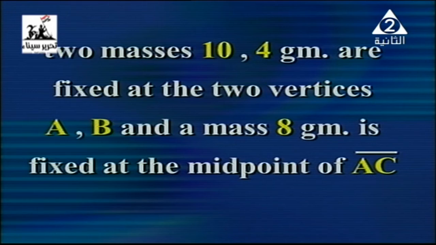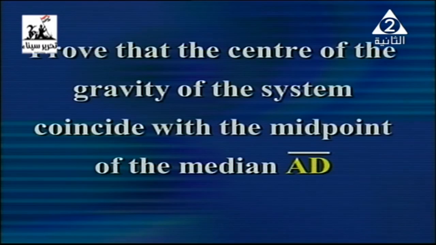We have the mass of the lamina, the other two masses 10 and 4 fixed at vertices A and B, and also another mass of 8 gram affixed at the midpoint of AC. Prove that the center of gravity of the system coincides with the midpoint of the median AD.